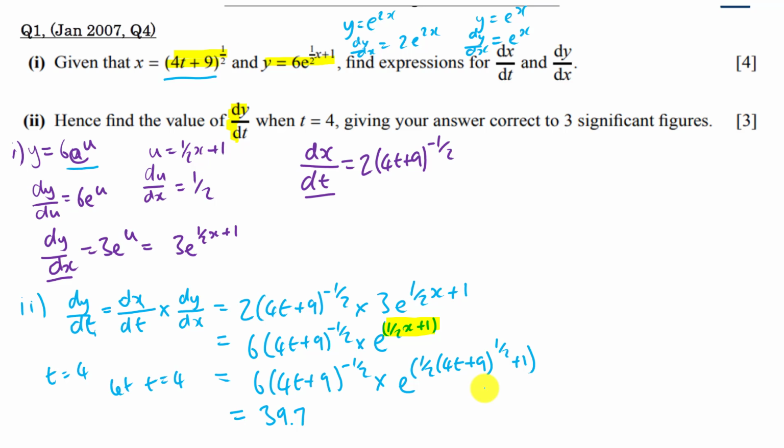Right, are we getting that on the calculator? Yeah, Vanessa, good. Well done. But obviously that's important, you can make a mistake. Did we get 39.7 on the calculator? Okay, let's see you got it right.